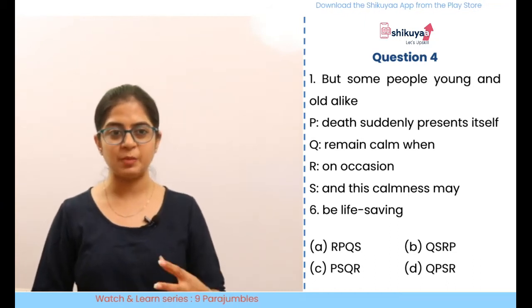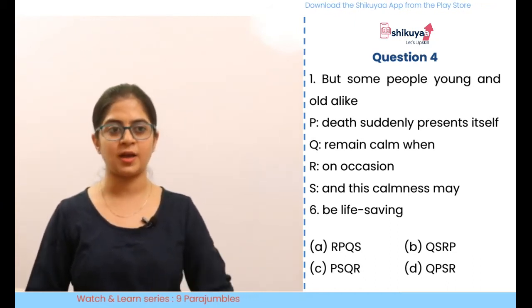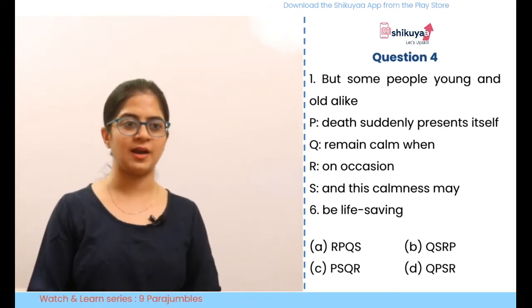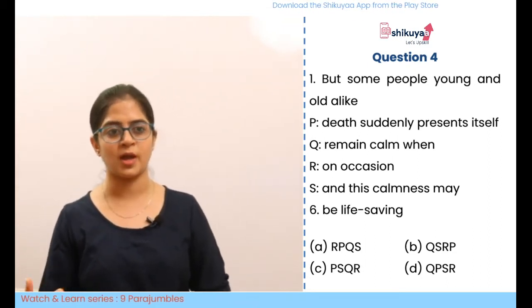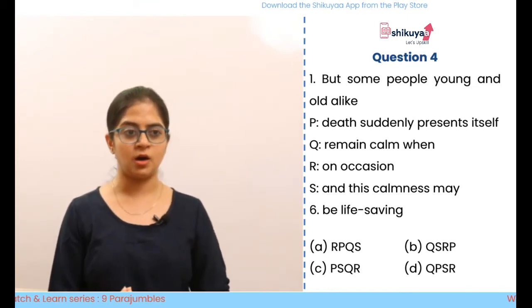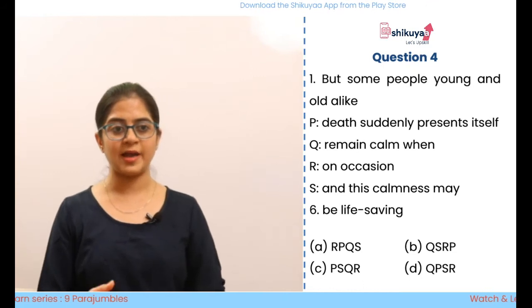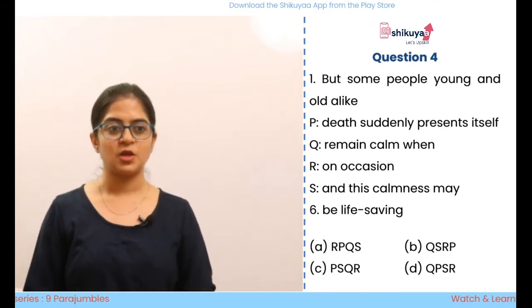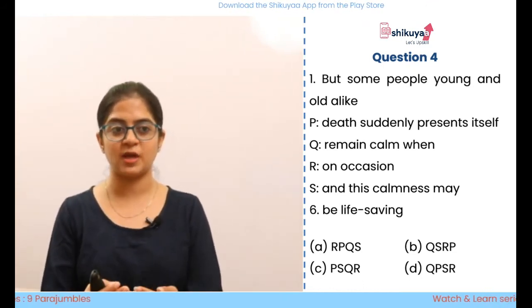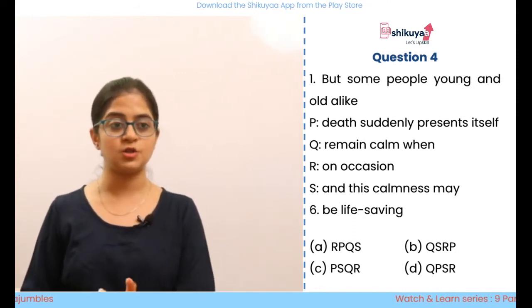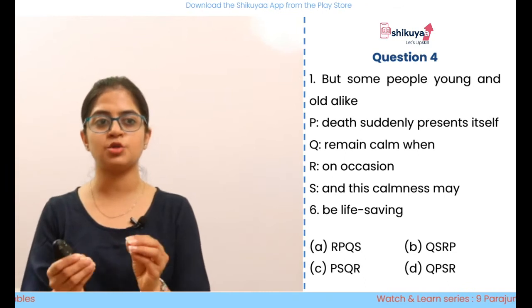But some people, young and old alike, remain calm when... if you see the S sentence, that is old alike and this calmness may. So if we see here, we feel that sentence or phrase Q is more suitable, right?